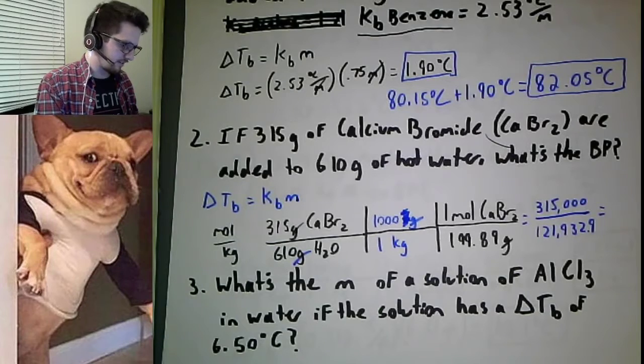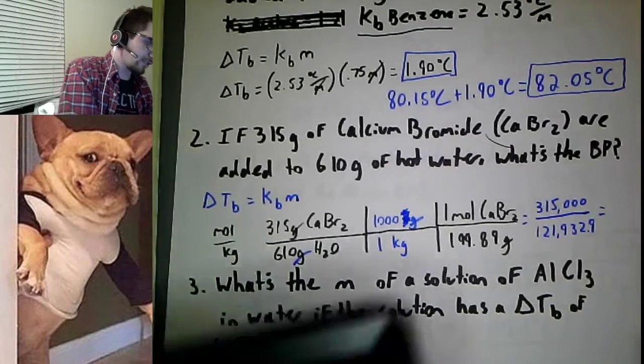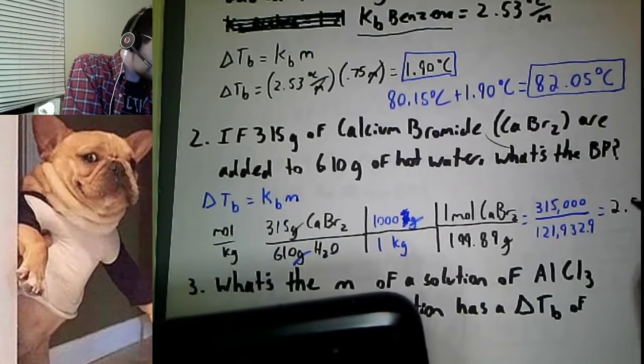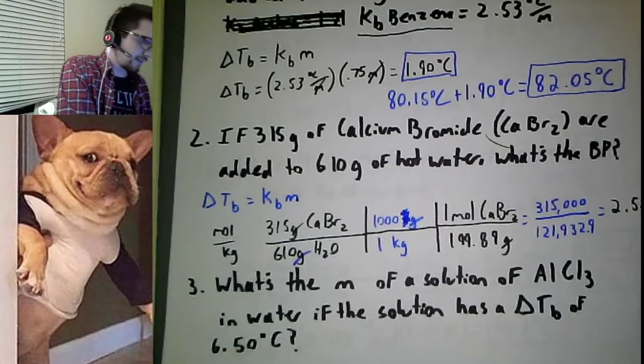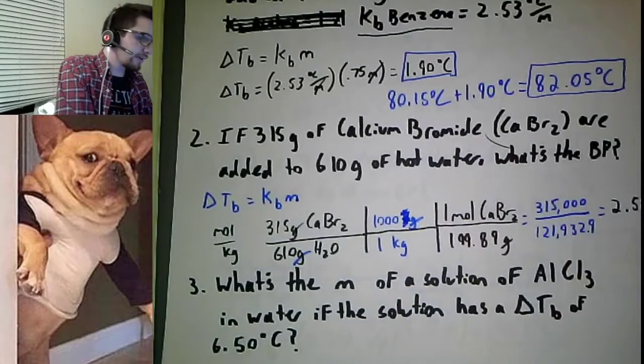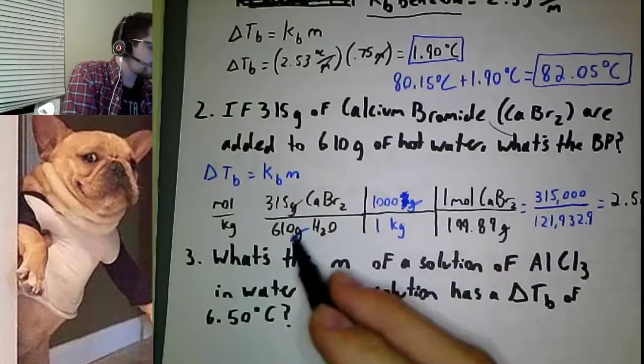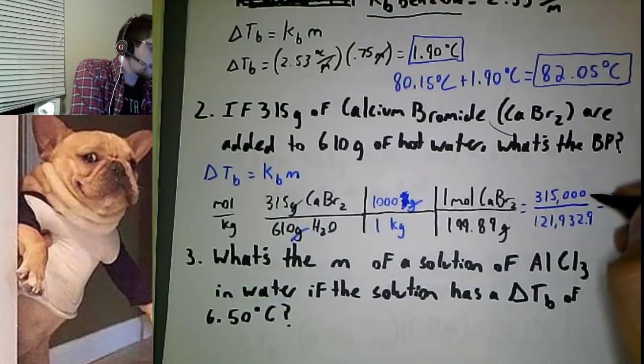When I divide this up, 315,000 divided by 121,932.9, I get a grand total of an unimpressive number, 2.58. It's asking for what's the boiling point. On the top, I end up with moles as my units.